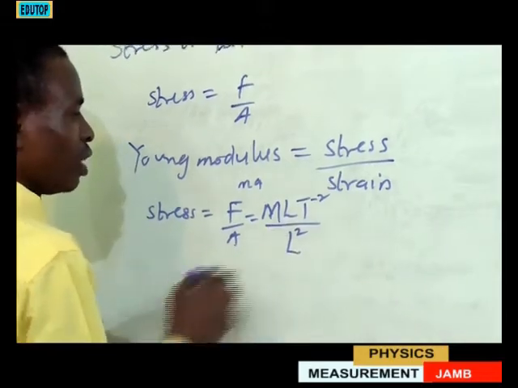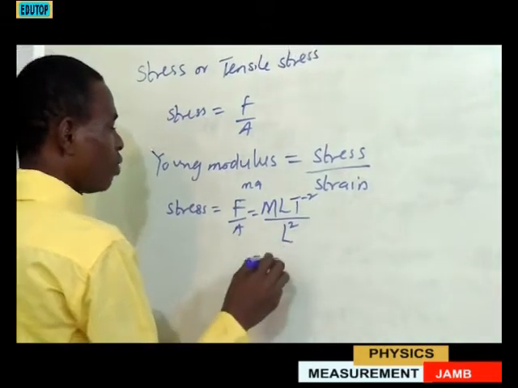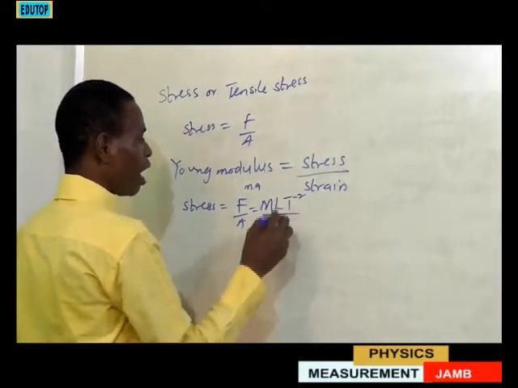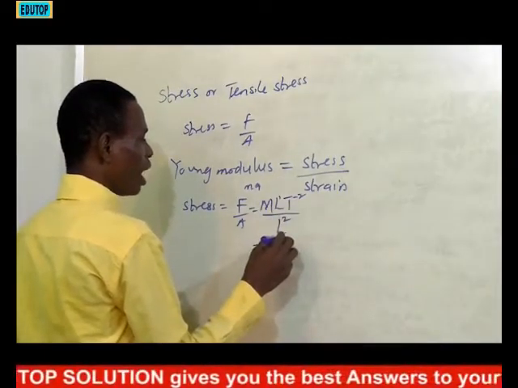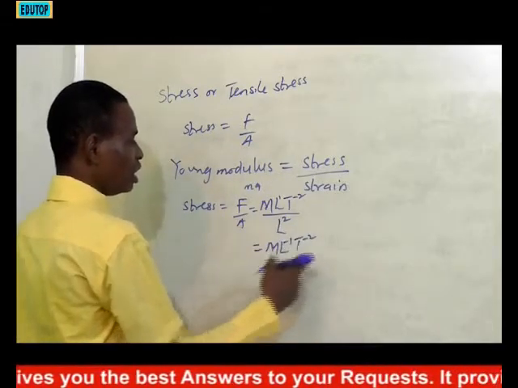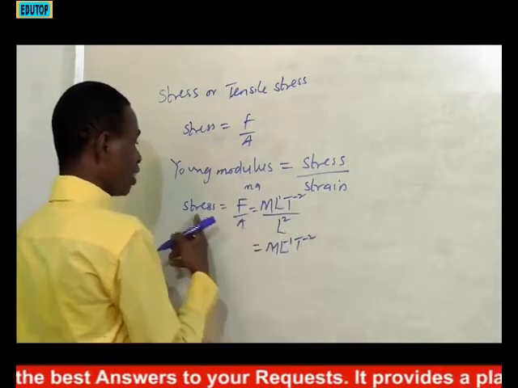L squared. When you take it together, we have M, L raised to the power minus 1, T raised to the power minus 2. This is the dimension of stress.